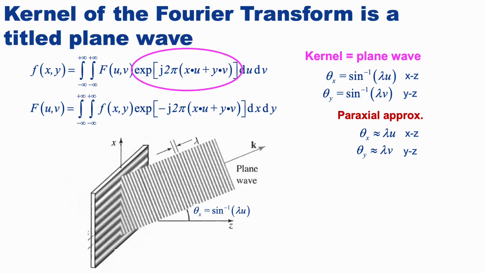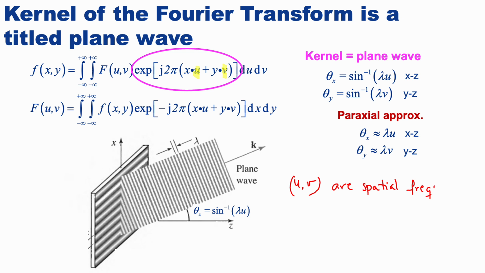So as I was saying, the key is the plane wave, right? And a plane wave, if we remember module 2, is this linear complex exponential, where now u and v are our spatial frequencies.